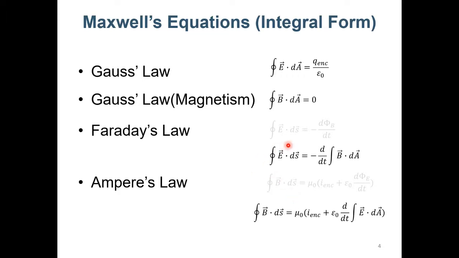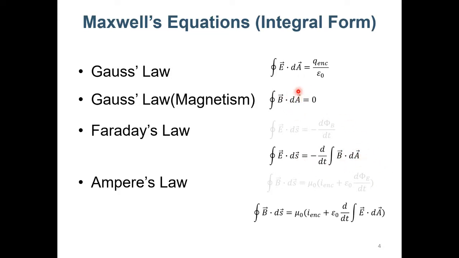We can rewrite these two like this, which is nothing special. The magnetic flux is nothing but the surface integral of the magnetic field over an area, and this is the line integral, so we use ds, and here this is dA.